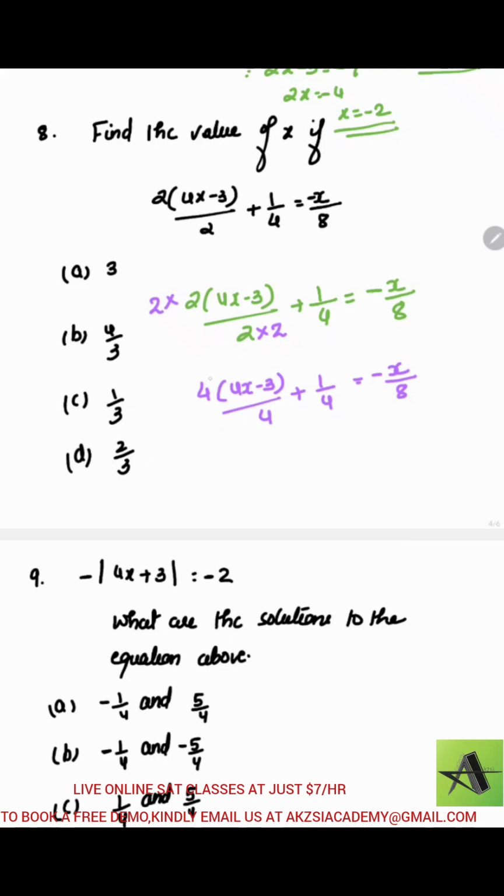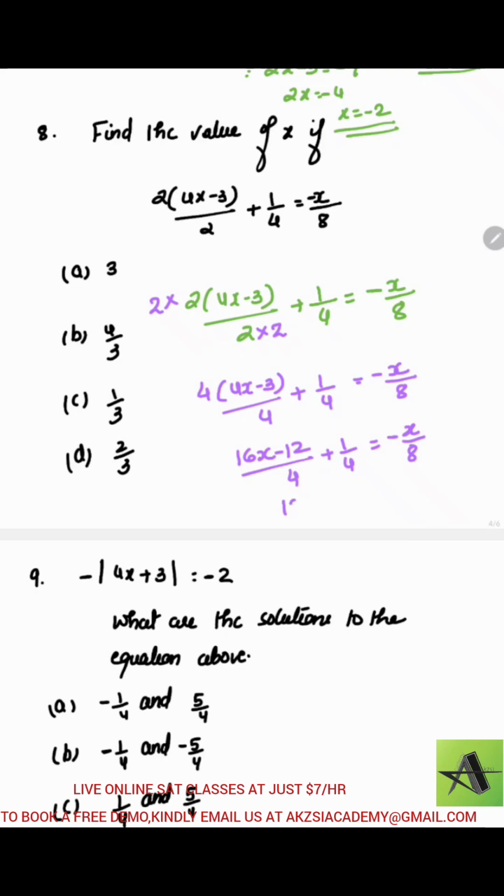This will be 4 times 4 is 16x, 4 times 3 is minus 12, over 4 plus 1 over 4 equals negative x over 8. Now, we have made the denominator the same. We just need to add it up.